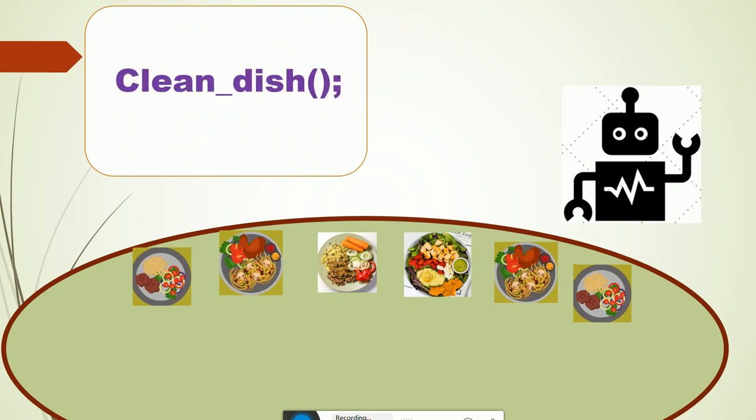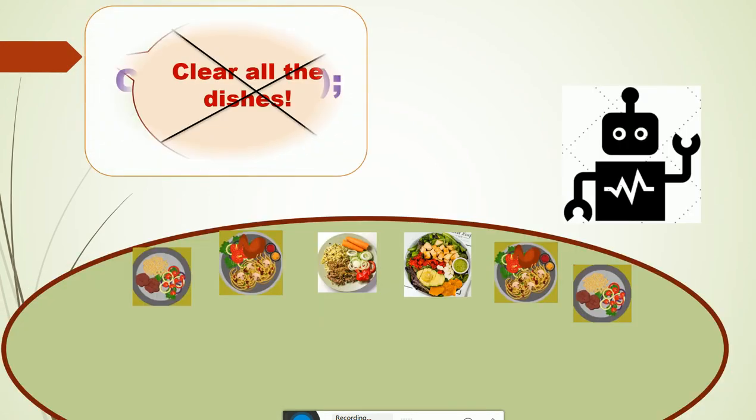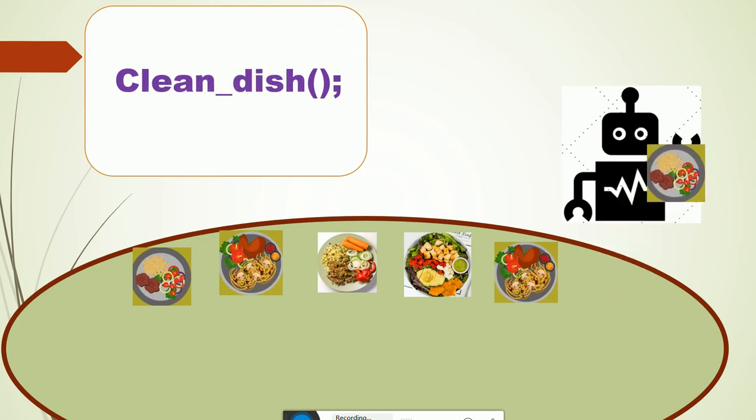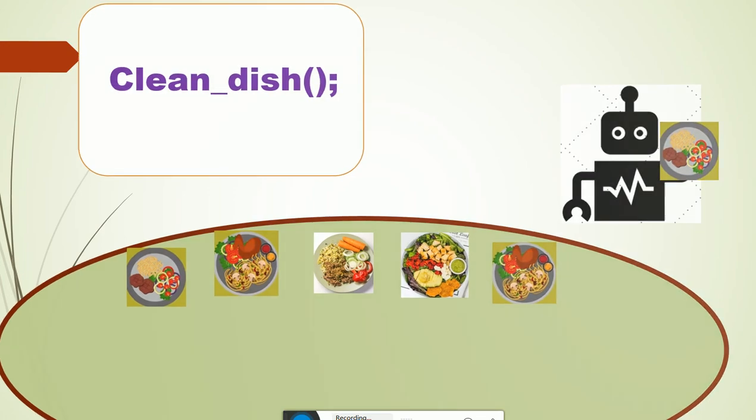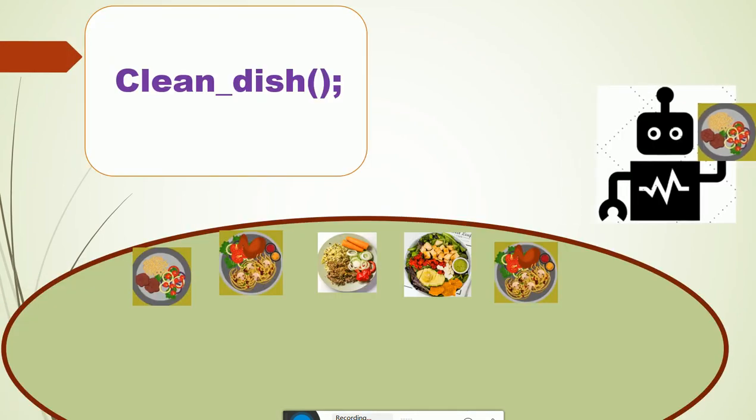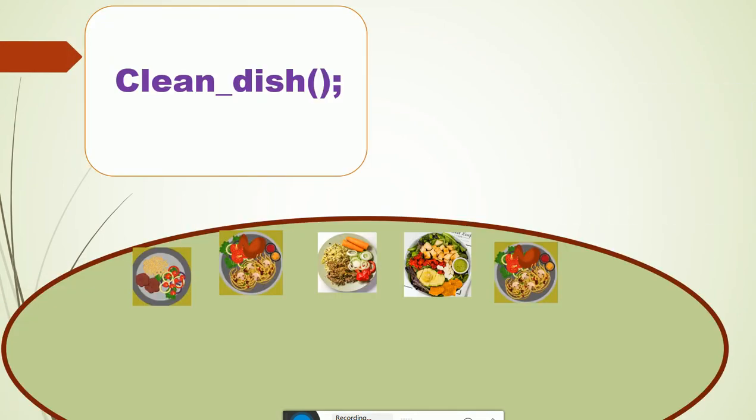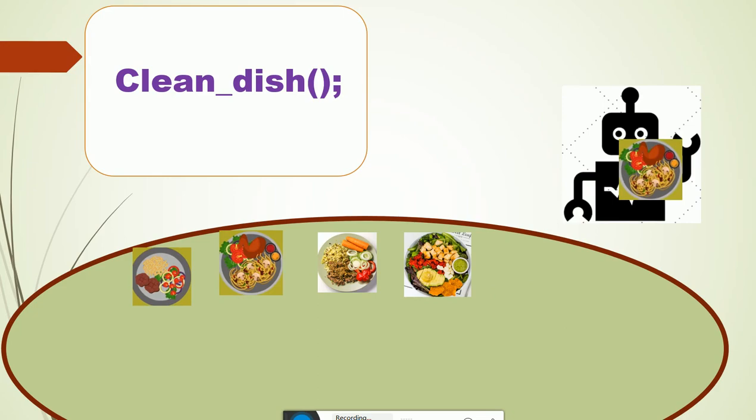Now if we say simply clean the dish, then the robot will collect the first plate, and then it will move to the sink to wash it off. Likewise, it will collect another plate and do the task.